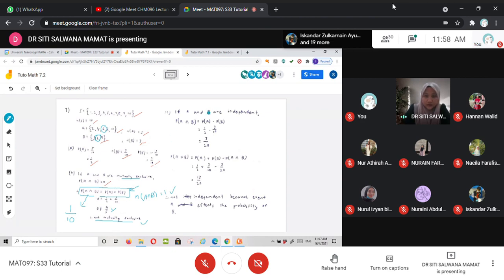Then for part C, the question asks if events A and B are independent.